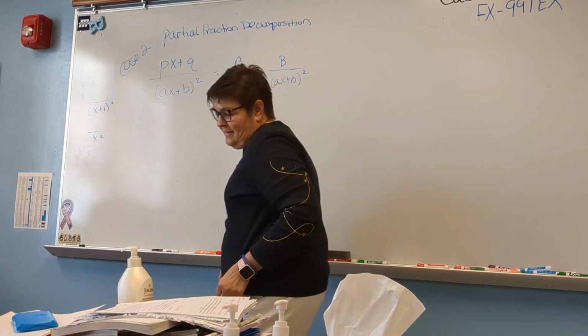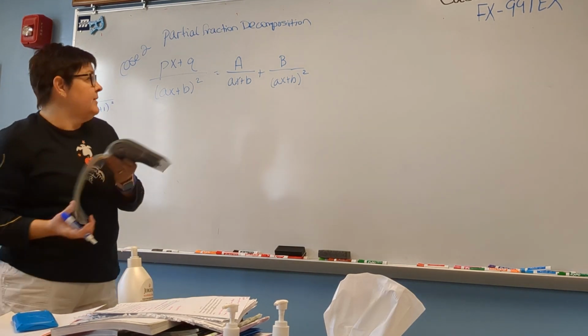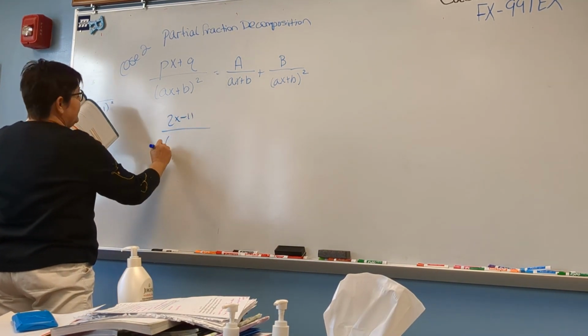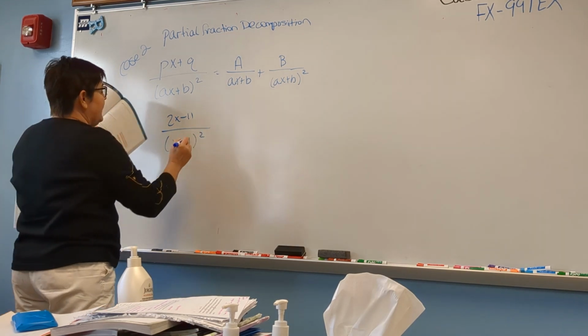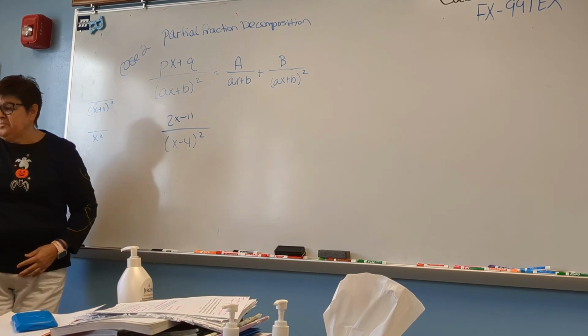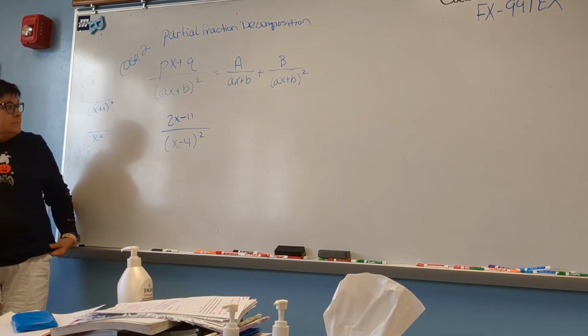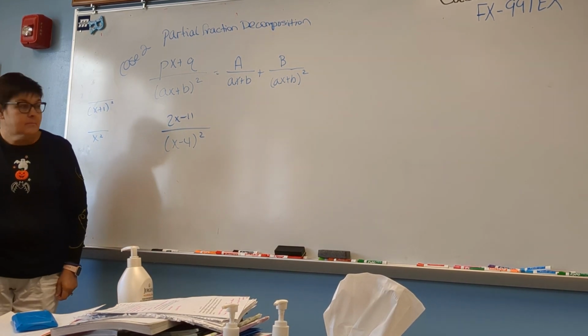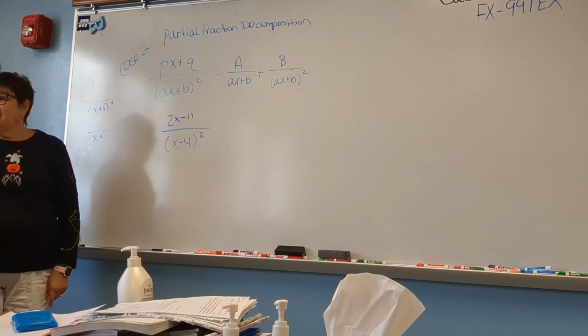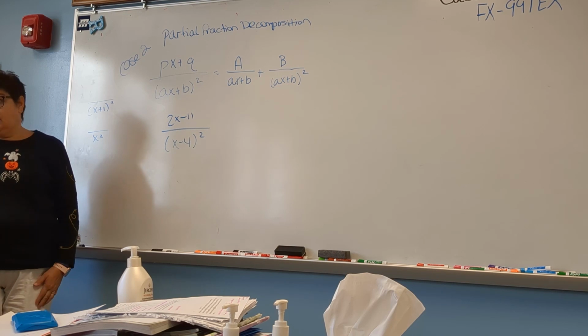All right, so let's give an example. Let's have some fun. 2x minus 11 over x minus 4 squared. Can you rewrite that for me into the A and B version? You don't want to factor it.